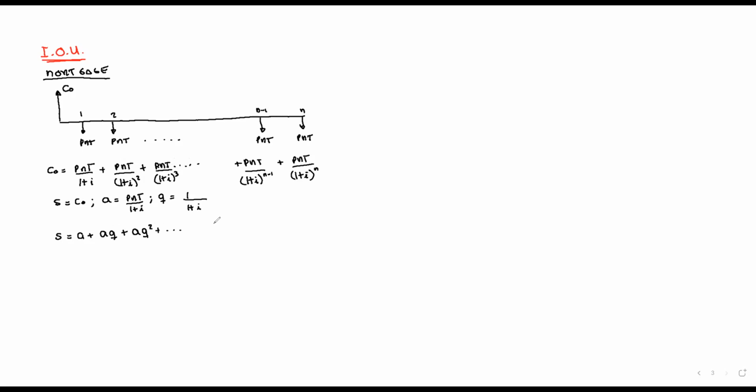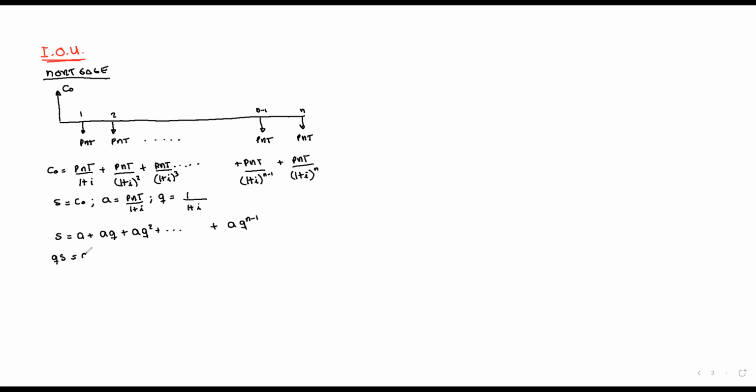And then if you continue, the last one is going to be A Q to the n minus 1. Got it? And what I will do is another trick, guys. I will multiply everything by Q.